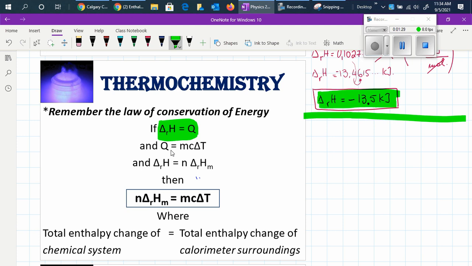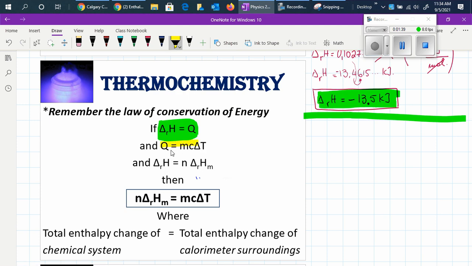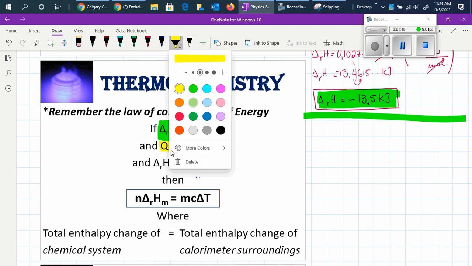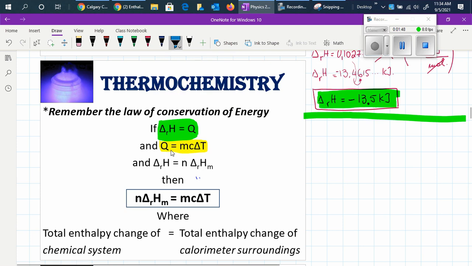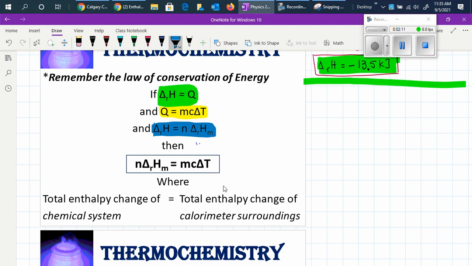From the first part of today's lesson, we know that the heat of the surroundings is calculated as Q equals mc delta T. From the second part, we know that the heat of the reaction is calculated as the number of moles participating in the reaction times the molar enthalpy change of the substance.